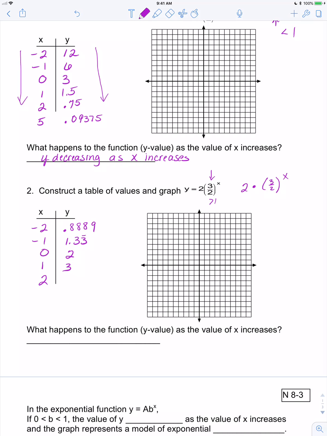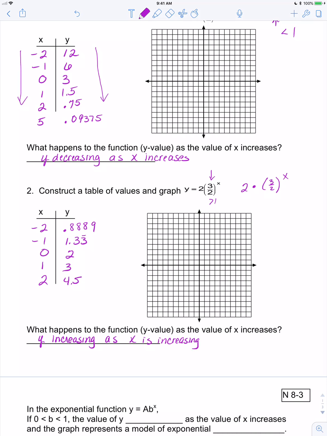When x is 2, it's 4.5. So again, what's happening to that y value as the value of x is increasing? So x is getting bigger here. What's going on with our y values? Well, our y values are also getting bigger. So our y value is increasing as x is increasing.